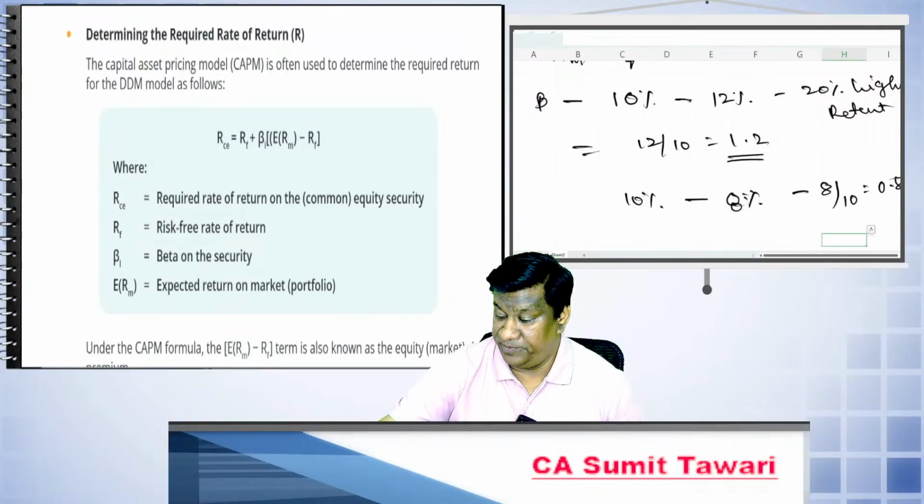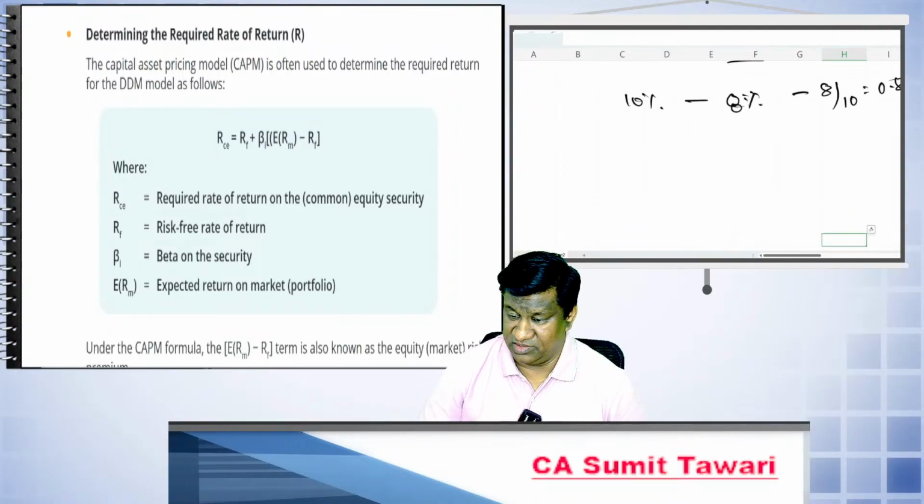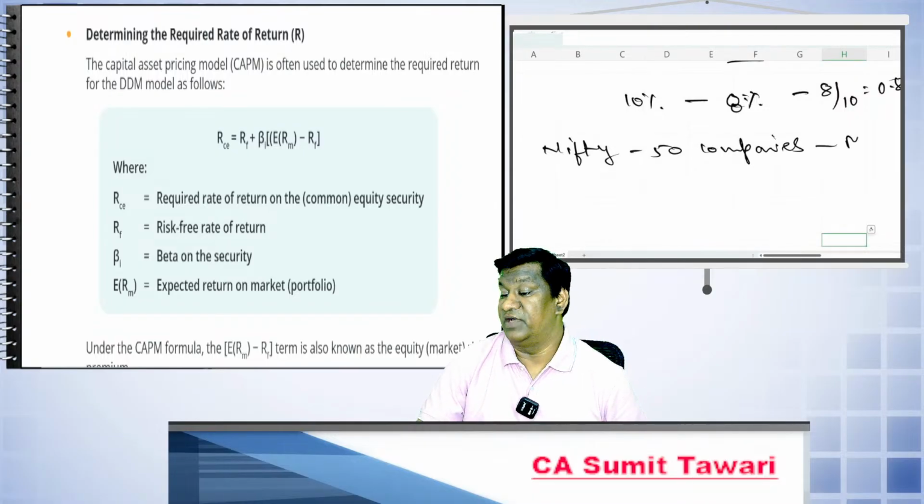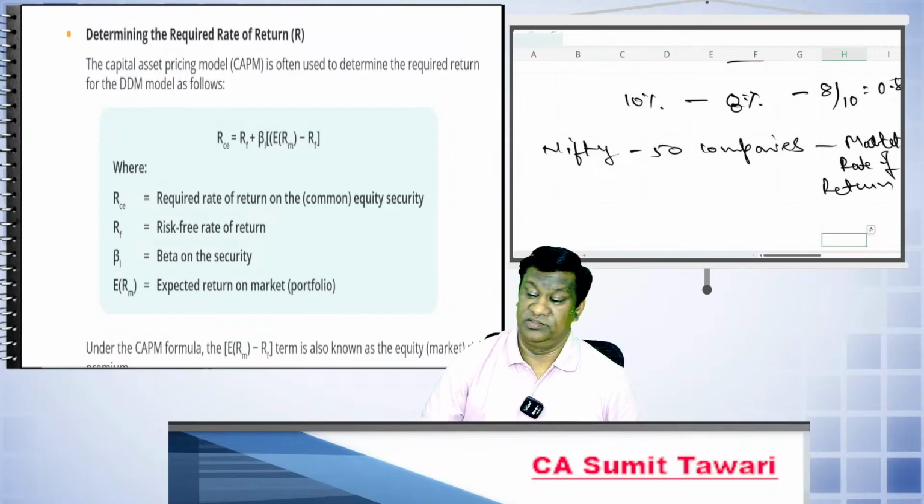Okay. See what happens if you think of Nifty. They consider 50 companies and calculate their rate of return. That becomes the market rate of return, which is the published return.